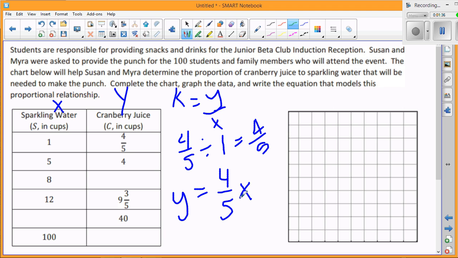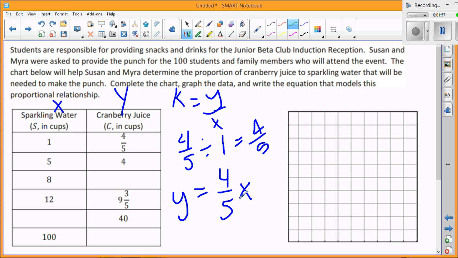Now that we have the equation, we know that we can take whatever's in the x column and multiply it by 4/5 to get what's in the y column. And we can also take what's in the y column divided by 4/5 to get what's in the x column. So let's look at our first blank, which is in the row with 8 under sparkling water.